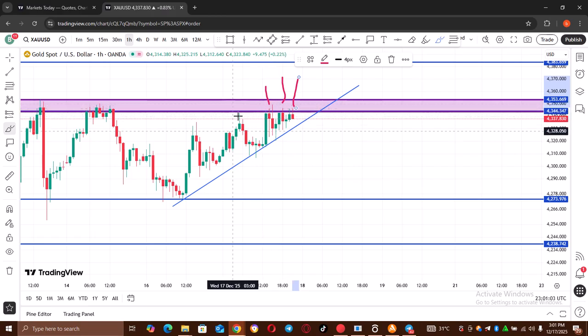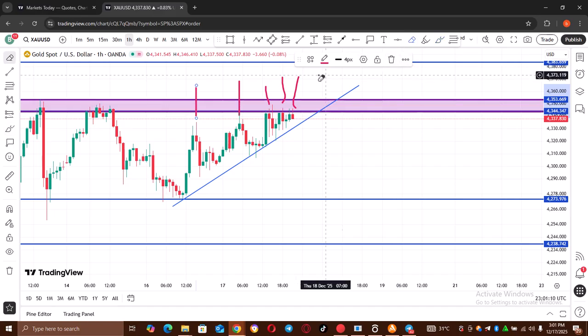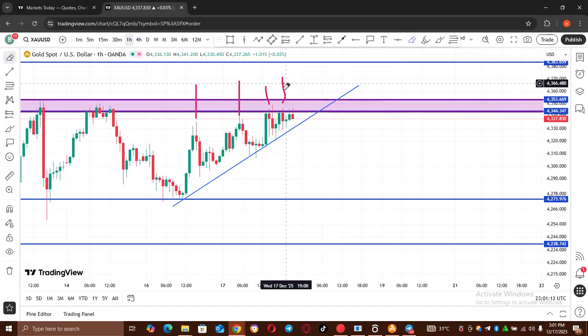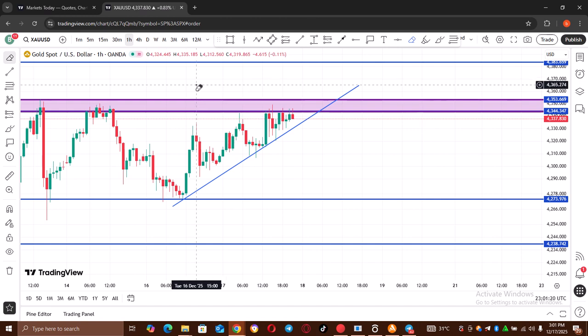So even this small area, even here too, we can see another rejection, another rejection. So there is a selling pressure over there. Of course, this is closer to the yearly resistance, so market is no more interested in buying. Okay, buyers are no more interested in pushing the market to the upside. So this particular resistance zone that we marked is now in the favor of the sellers.